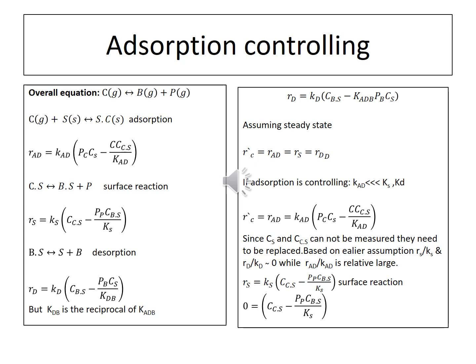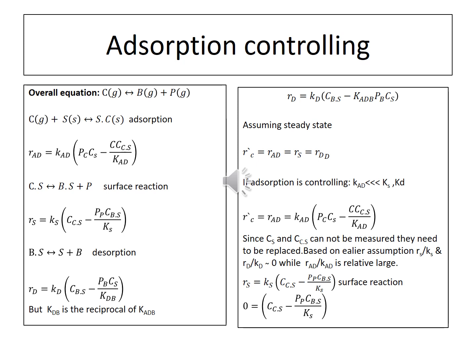Now we need to get rid of the unmeasurable terms, and you will make use of these assumptions: r_s over k_s and r_d over k_d should approximately approach 0, while r_ad over k_ad should be relatively large.